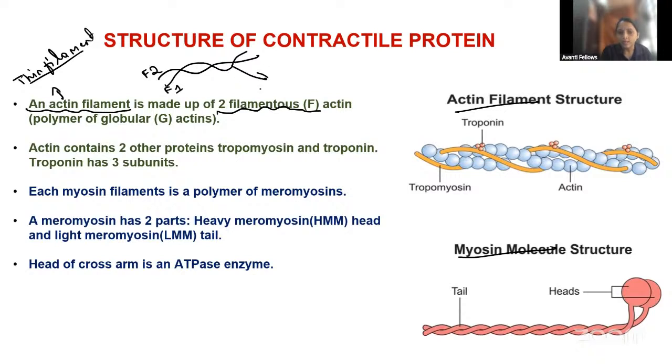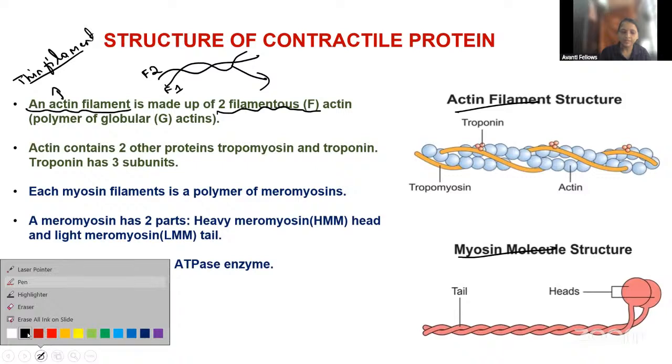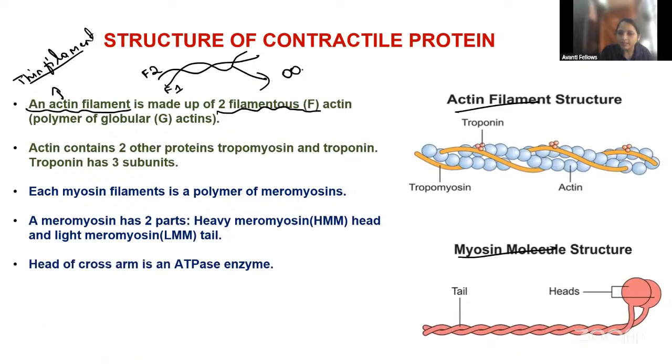And how is this F actin made? It is made by the G actin protein, globular actin we will call it.